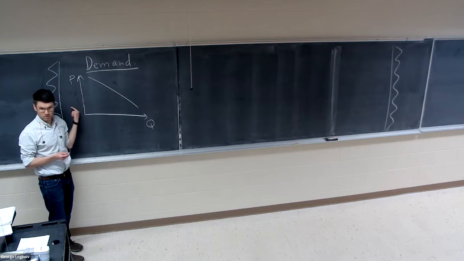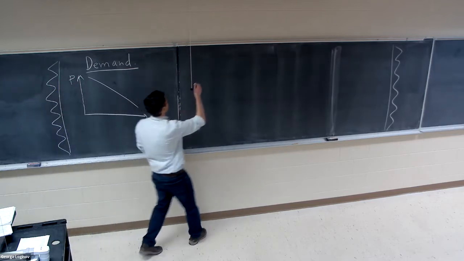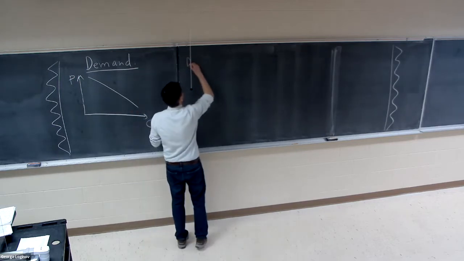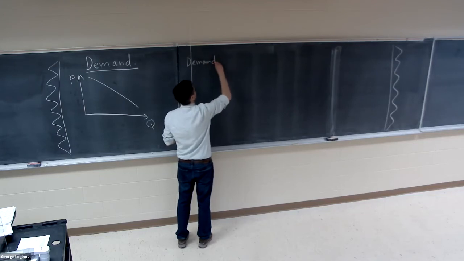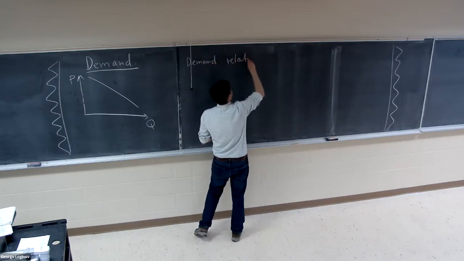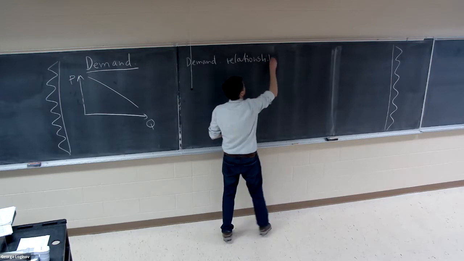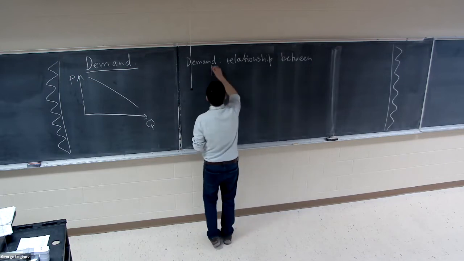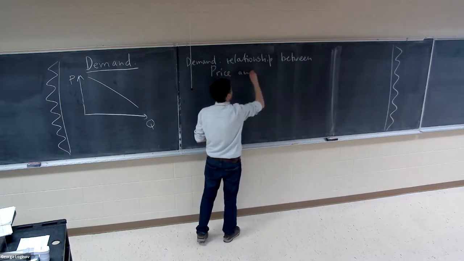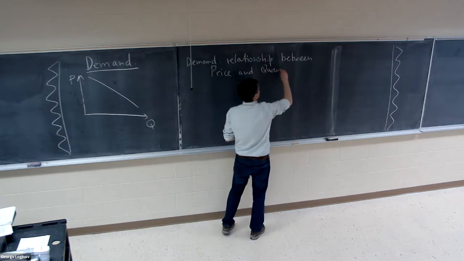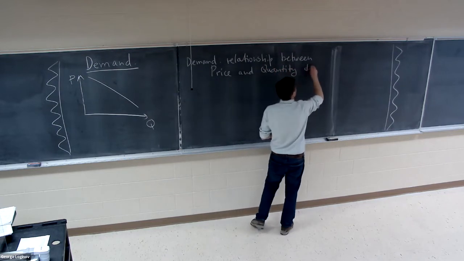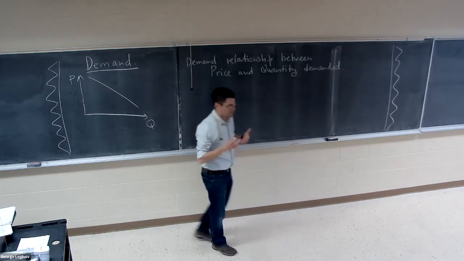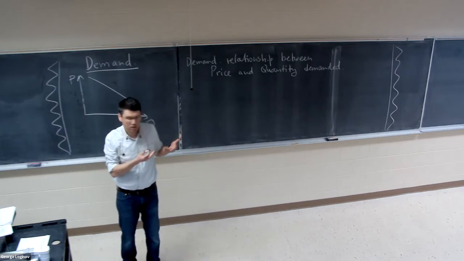In a nutshell, the demand function is just a relationship between price and quantity demanded. Think about a particular market, a particular product, and I'm going to give you different prices.